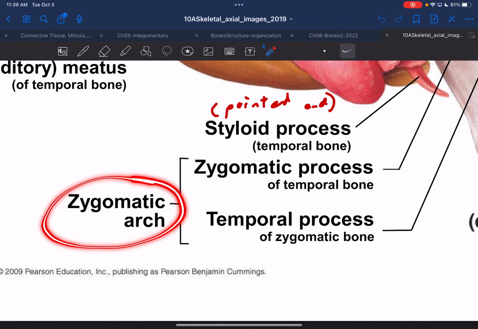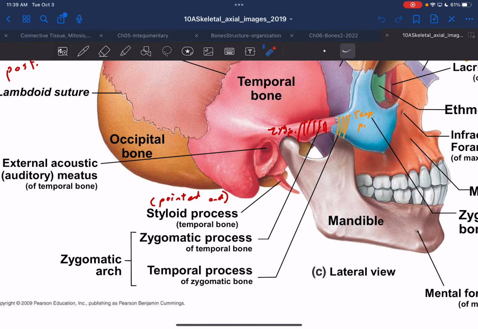So the zygomatic arch, and we should all take out our skulls out of your boxes, actually. Take your boxes out from the front of your cubbies. And one person go to the back and grab a colored skull as well from that left-hand side.